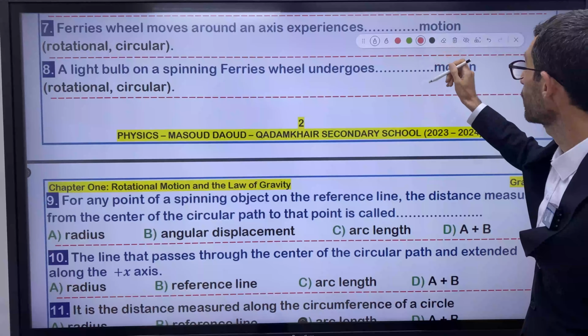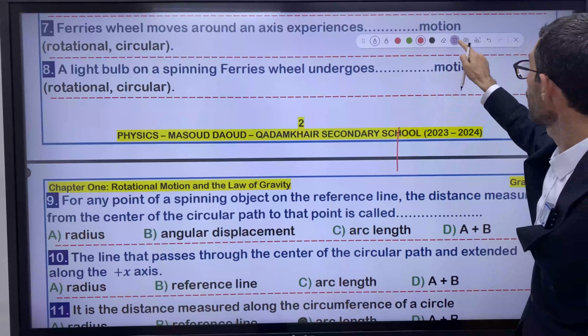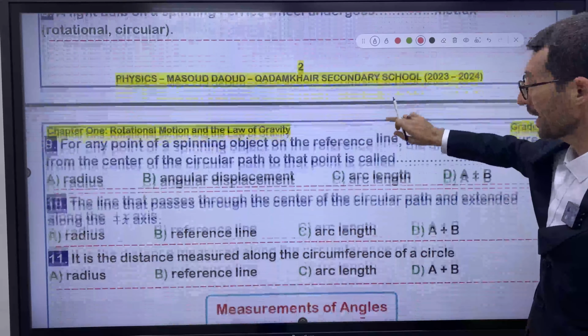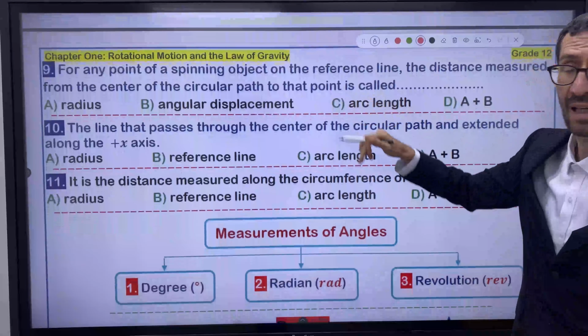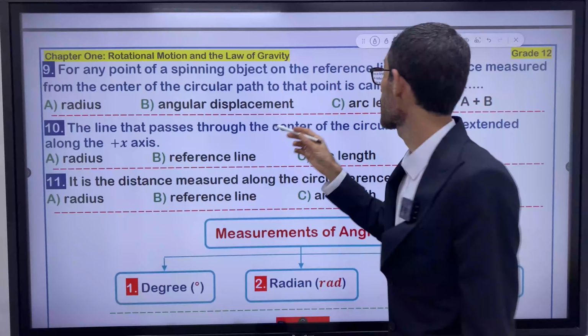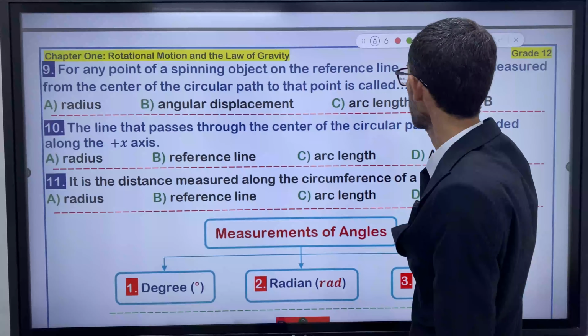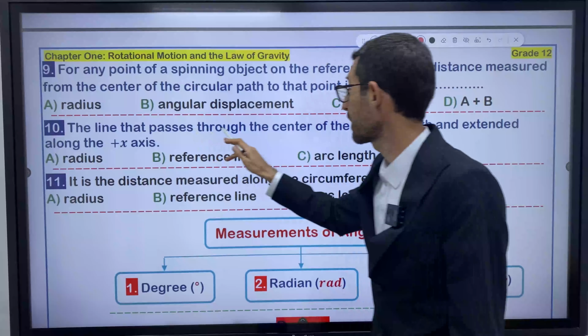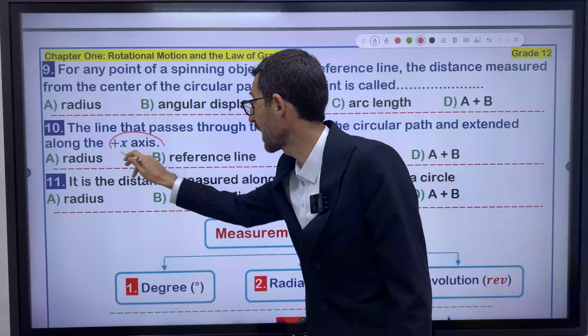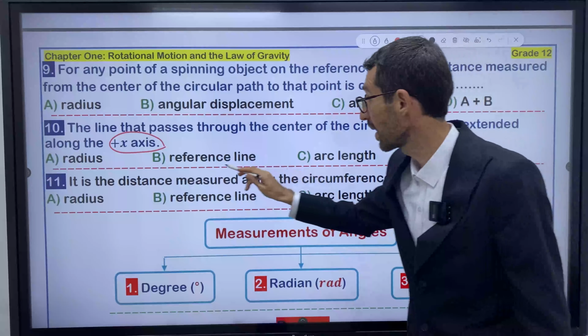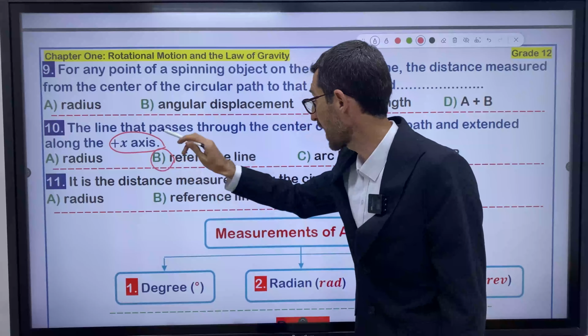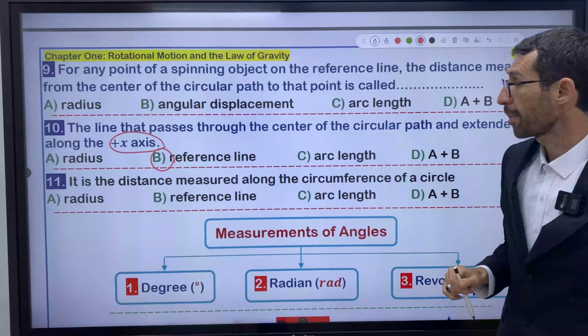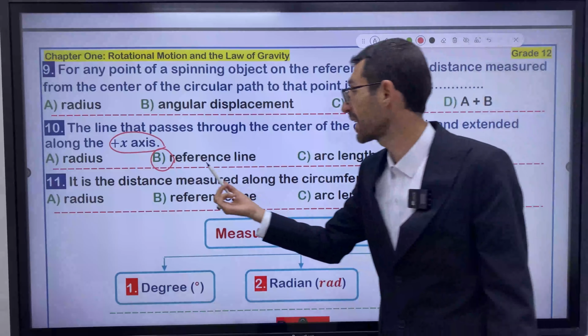Do you agree with me or not? Did you guess the answer? So the answer is reference line.